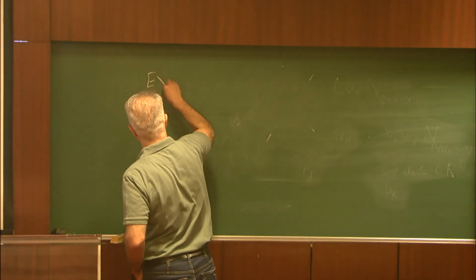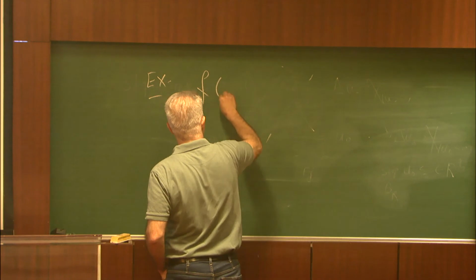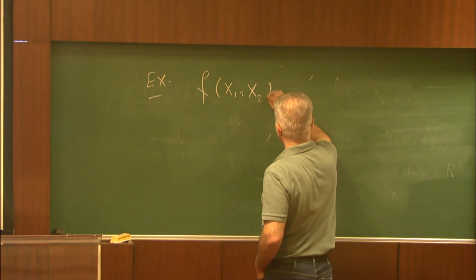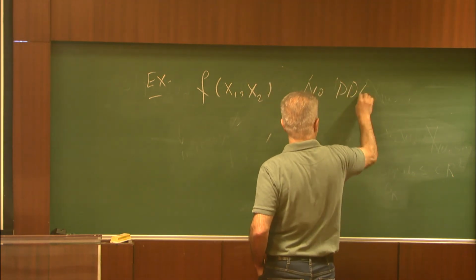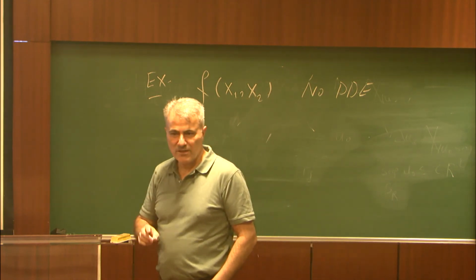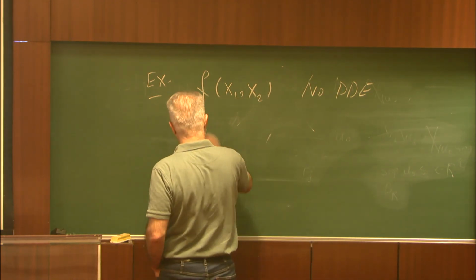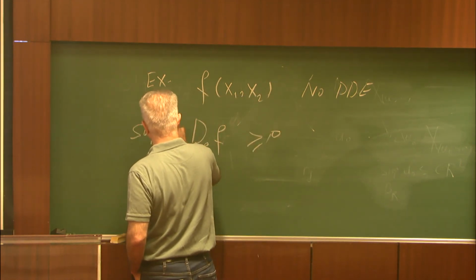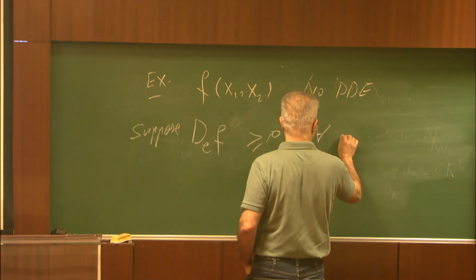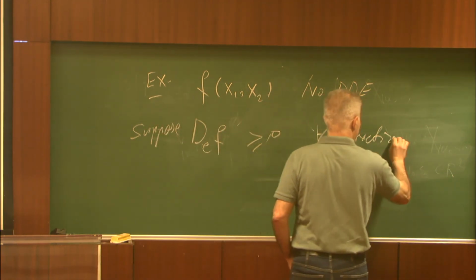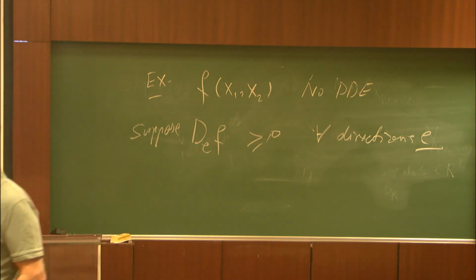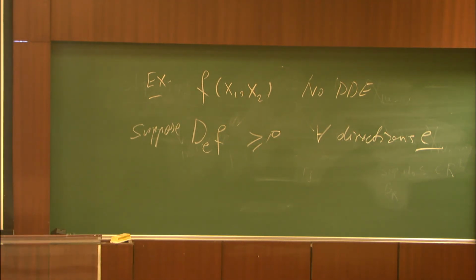So, exercise. You have a function f depending on x1 and x2. No PDE, calculus 2. Suppose for any direction, the directional derivative of f is non-negative, for all directions. Suppose the function is monotone in all directions. Prove this function is one-dimensional.